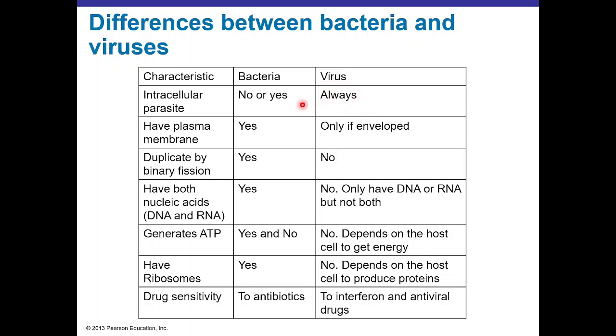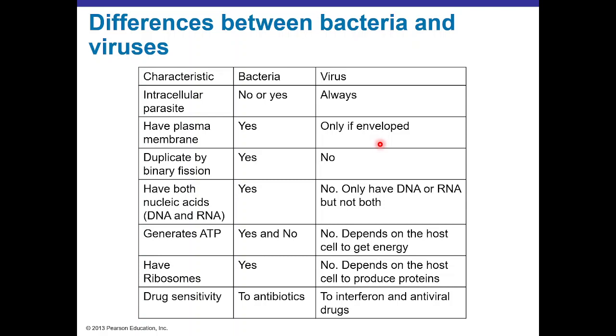Viruses are always intracellular parasites, so they need to have cells in order to live. Bacteria do have a plasma membrane for most of them, and the viruses only have a plasma membrane if they're enveloped, and the plasma membrane derives from the host cell.